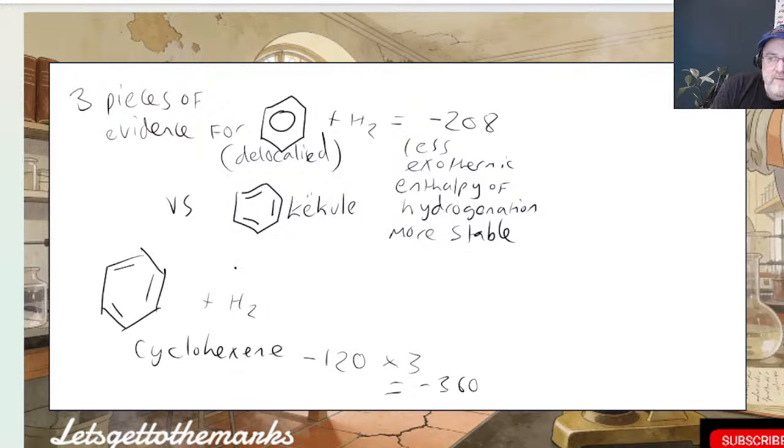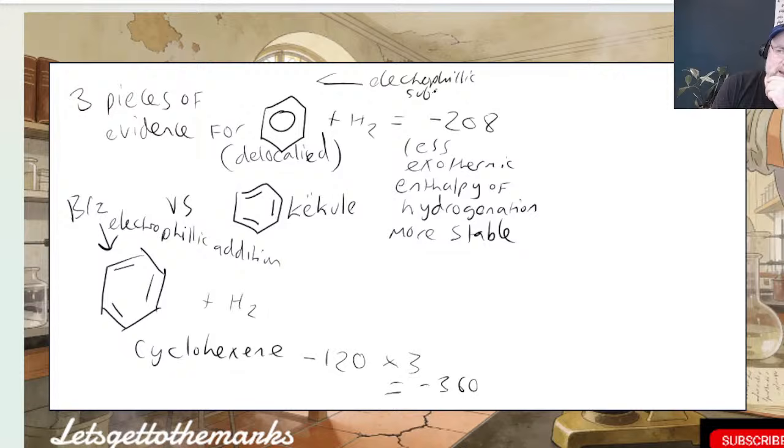The other bit of evidence is that an alkene will undergo electrophilic addition and decolorize bromine water. Benzene doesn't do electrophilic addition. It does electrophilic substitution. So that's your second bit of evidence.